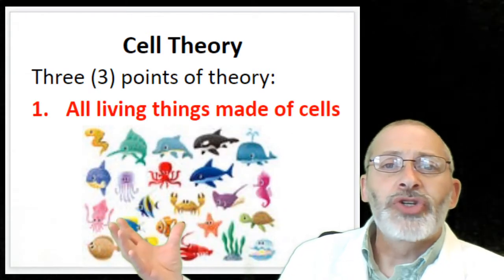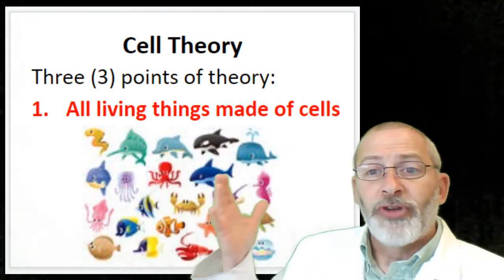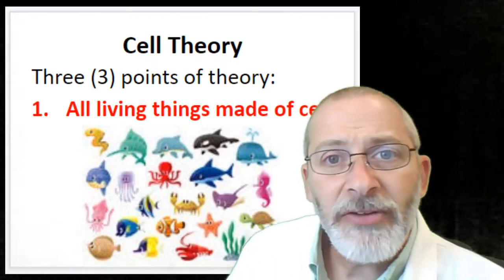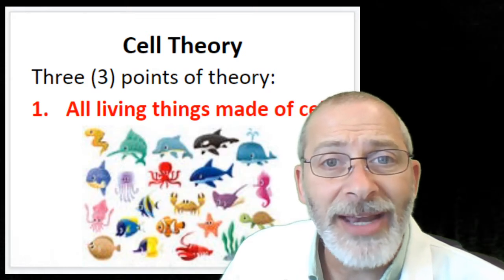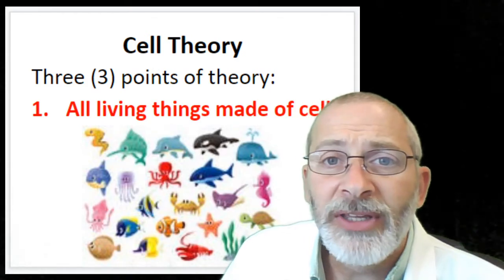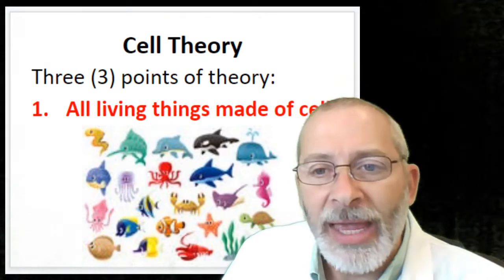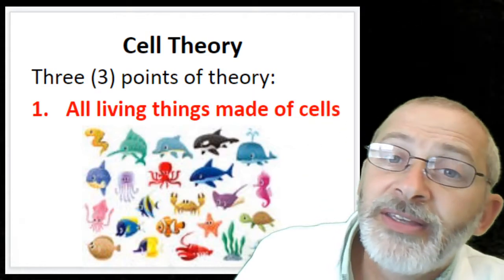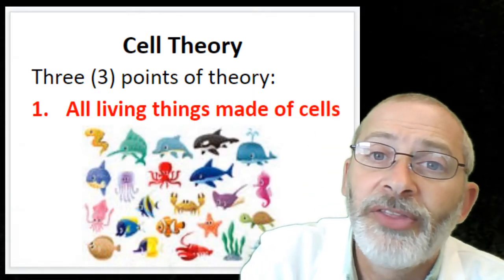Now, I know these are just cartoon pictures, but in real life, if we were to take samples from all of these different critters and magnify the samples under a microscope, we would see that, in fact, all living things on planet Earth, as far as we know, are made of these basic building blocks that we call cells. So that's the first point of the cell theory.